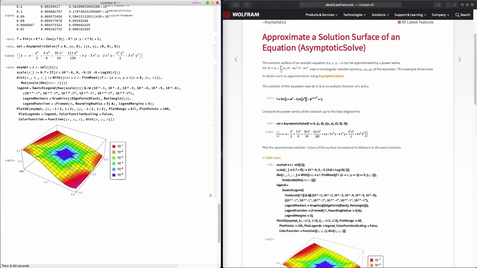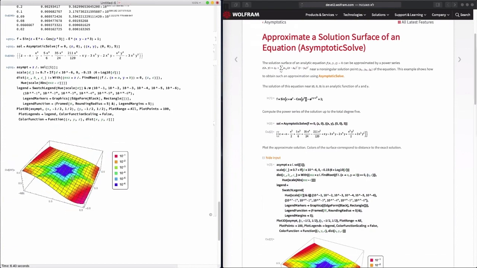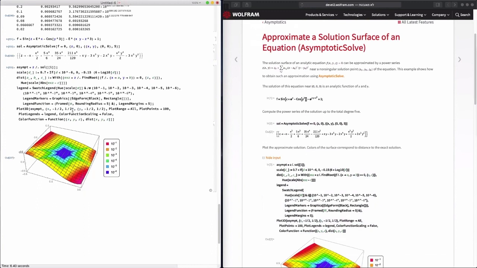So we're expanding around the origin, which is obviously our center here, and then we're showing the error between this approximate solution and exactly solving the solution.